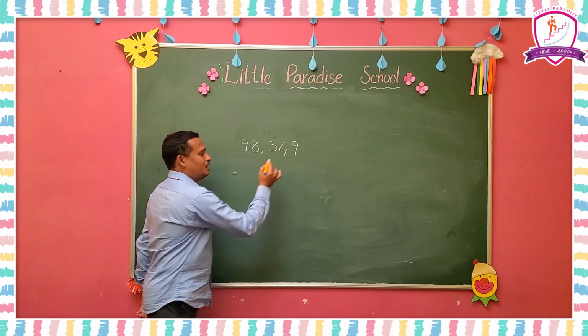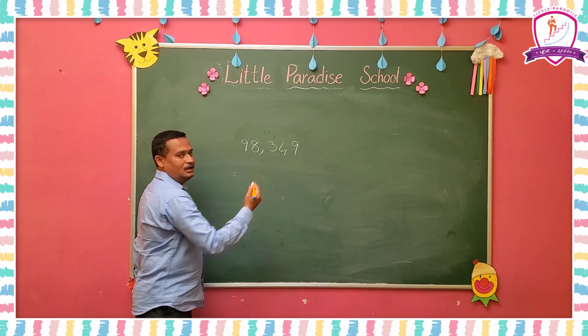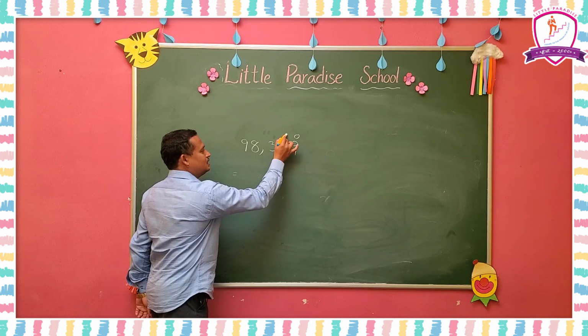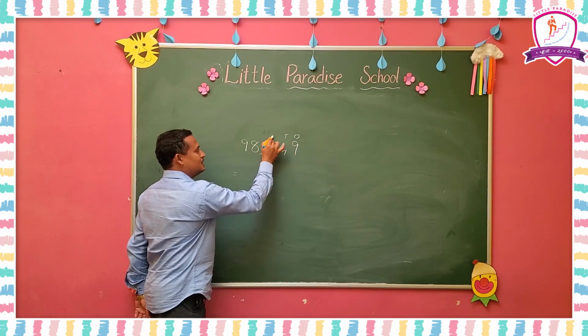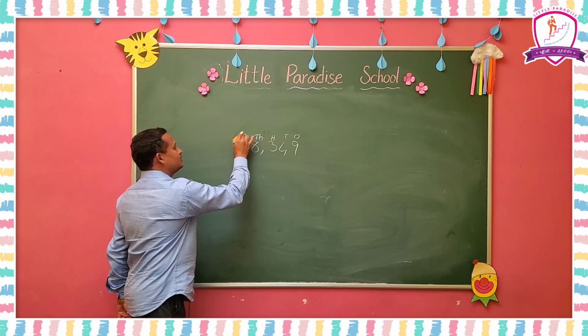When you recognize the places, you have to start from the right side. Here 9 will be in 1's place, here 4 will be in 10's place, here 100's place, it will be thousands and it will be the 10,000s.